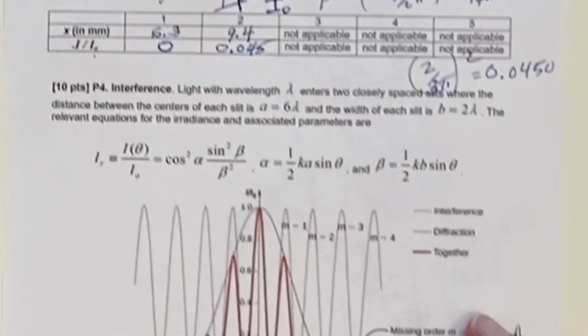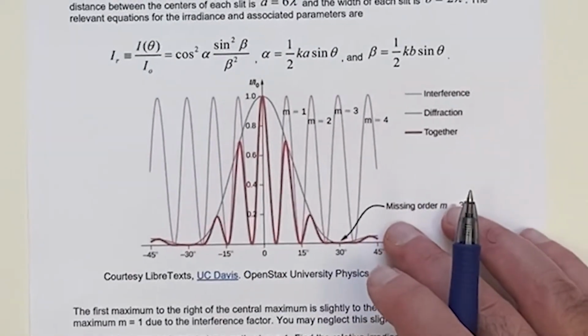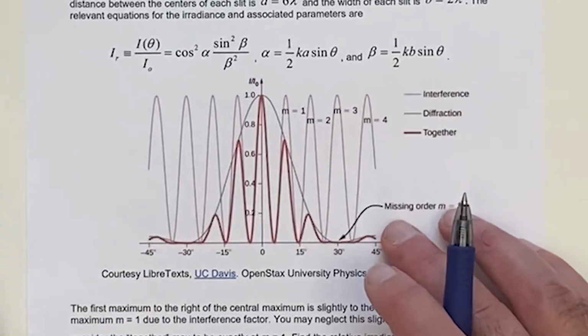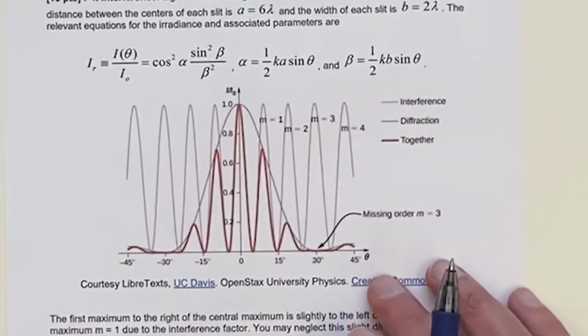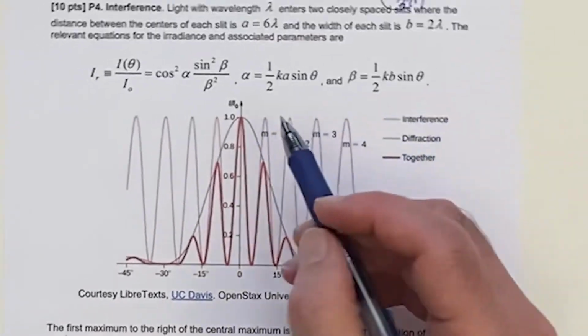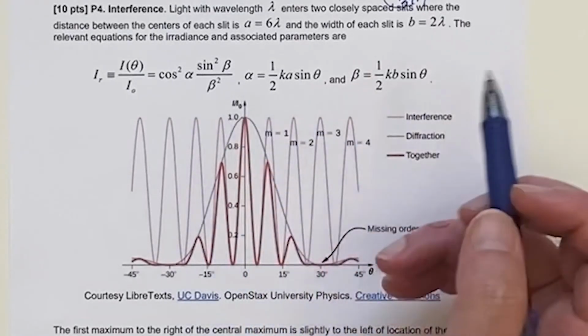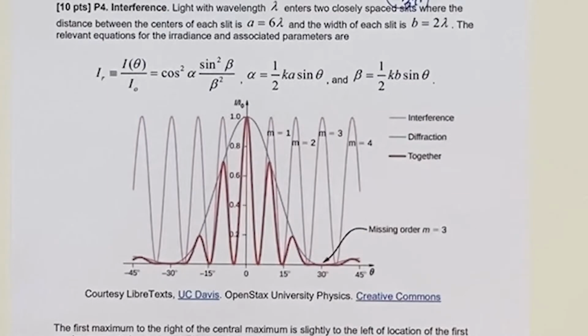Okay, the last one here, P4. If we go to the last problem, this one wants to know what the irradiance is at the first maximum.